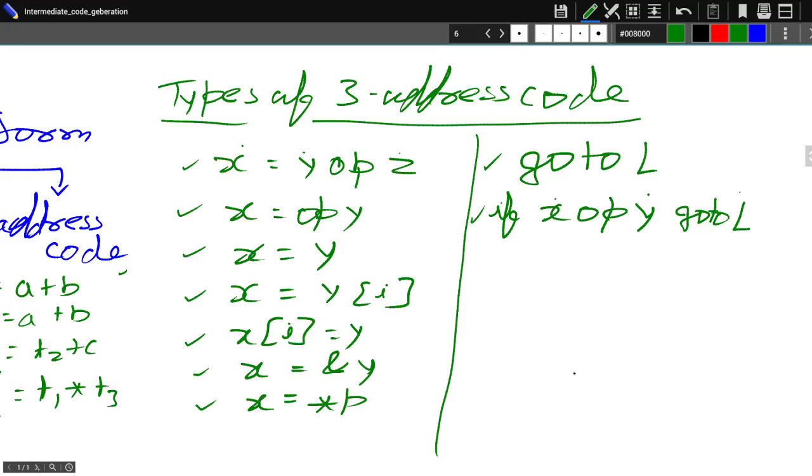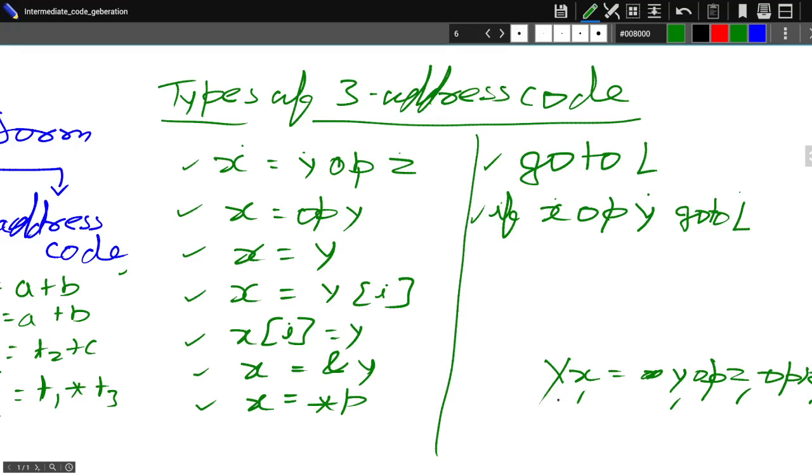Like suppose x is equal to y op z op k, right? So 3 variables plus 1, 4, it is not allowed. Okay, so these are something that we were saying about 3 address code.